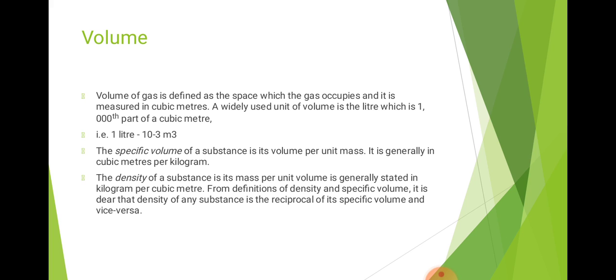Let us take one example: 3 kilograms of dry hydrogen occupies 33 cubic meters. So what is the specific volume of hydrogen? The specific volume is 33 divided by 3, which is 11 meter cube per kg, as the definition says, volume per unit mass.